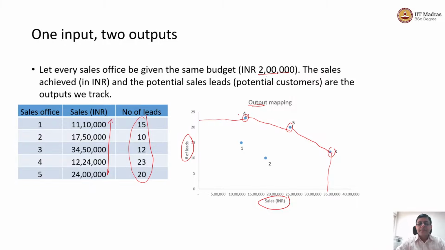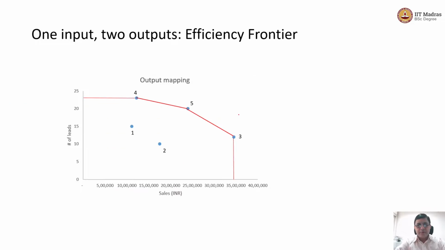But essentially the frontier, I have drawn it slightly bad. Let us do this properly. So this is how the efficiency frontier is going to look like for a 2 output single input scenario. The frontier is on the outer side because we are talking about outputs, right? More output, better, right?